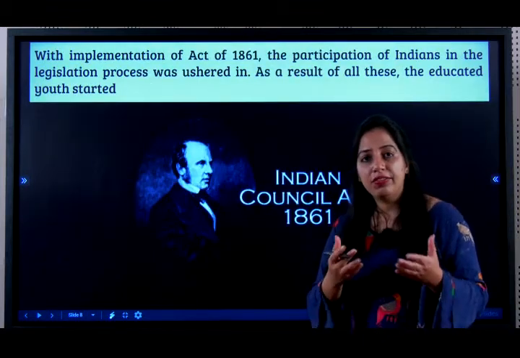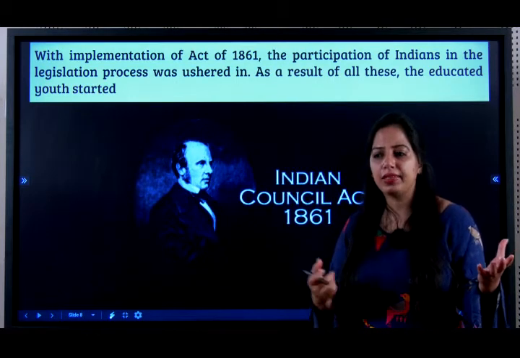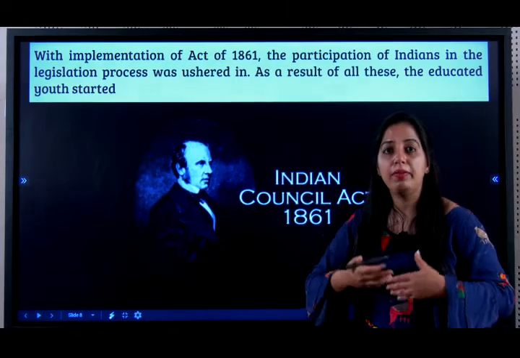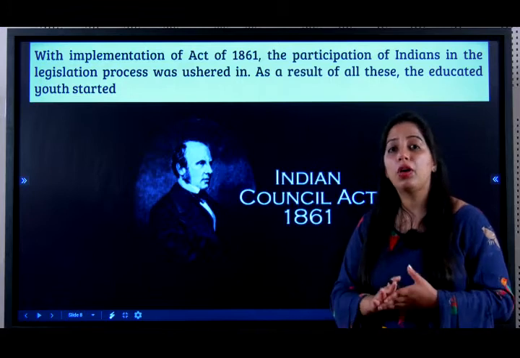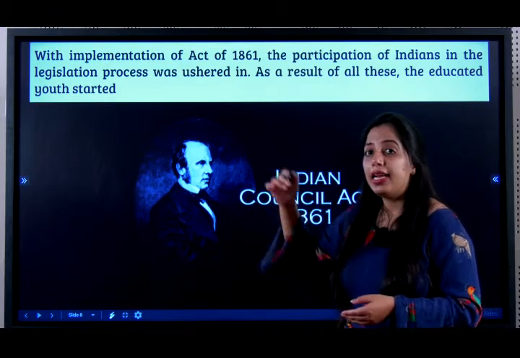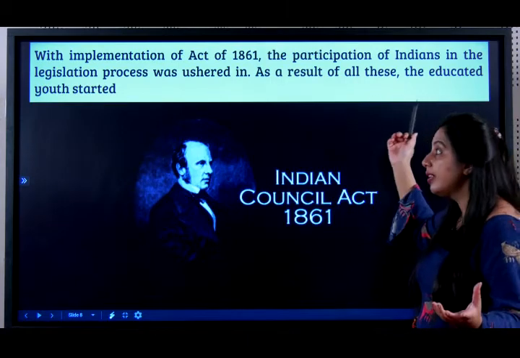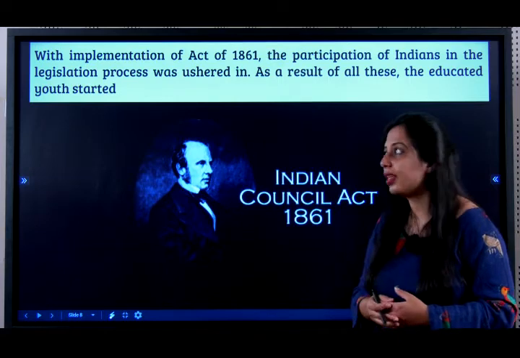Then, if you remember, students, in the Queen's Charter, she proclaimed that now we will associate with the Indians when we make laws. The policy of association was adopted. So in the year 1861, the participation of Indians was ensured in the legislation process.